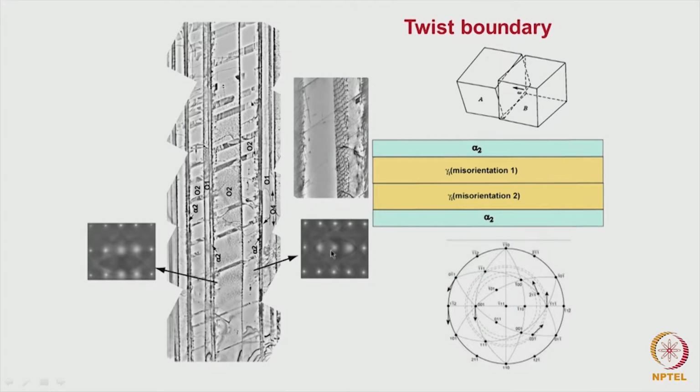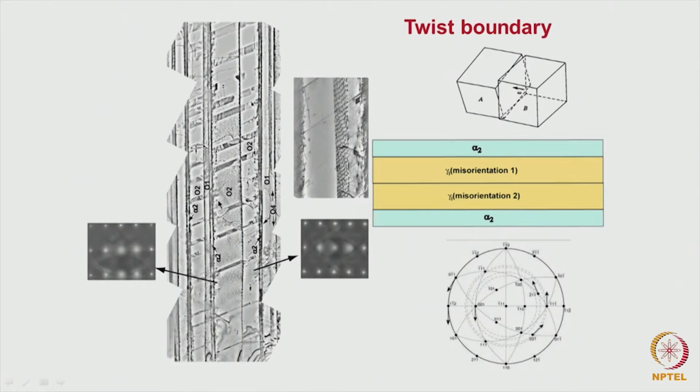The Kikuchi pattern is slightly shifted, because otherwise the normal diffraction patterns appear the same. If you look at the Kikuchi pattern here, this ellipse-like one is slightly shifted from here to here. Using this, and doing it at different orientations, we can find out the tilt associated with this boundary.